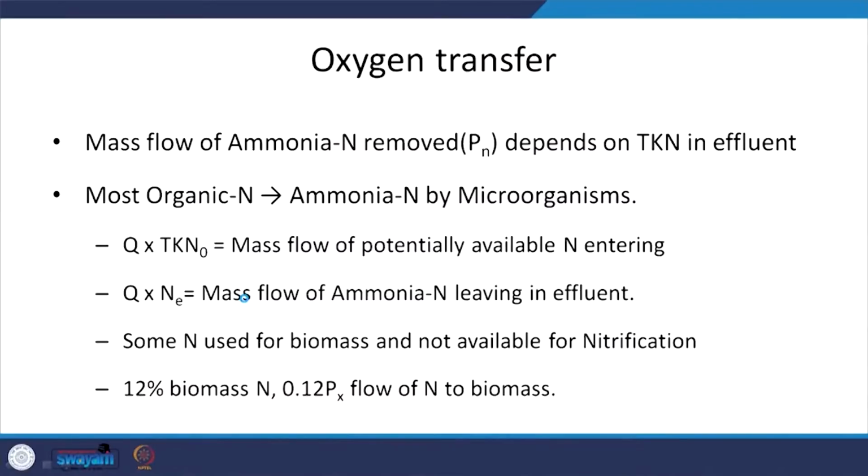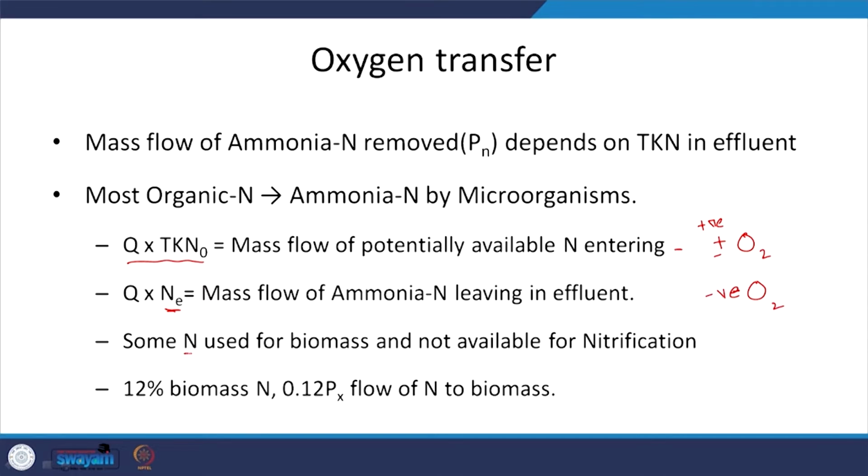Let us look at what we have. So, Q into TKN naught is the mass of nitrogen that is entering the plant, and for which we need to provide the oxygen, let us say. And some of the nitrogen will not be degraded, right, it will leave the plant. So, this we need to subtract, let us say. This is going to add, right, positive, and this we need to subtract.